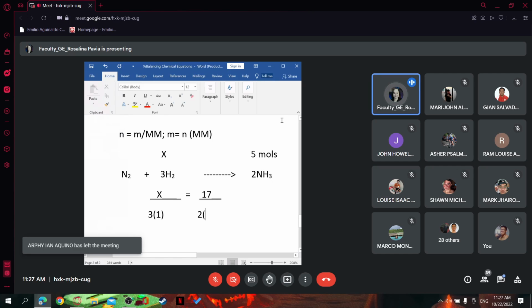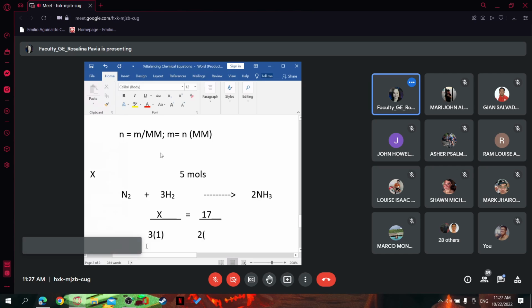Yung grams natin dito mali. Saglit lang. Wala pa tayong grams dito. 5 times 17. 5 times 17 class, that is the mass. 5 moles times 17.